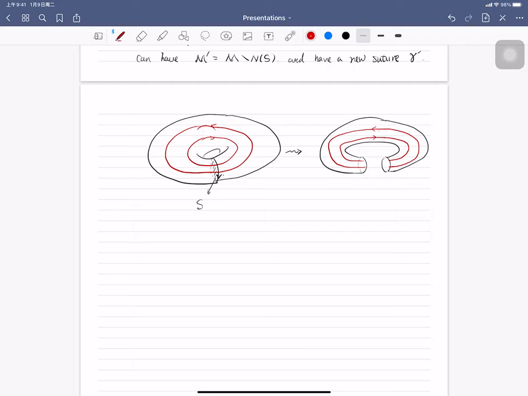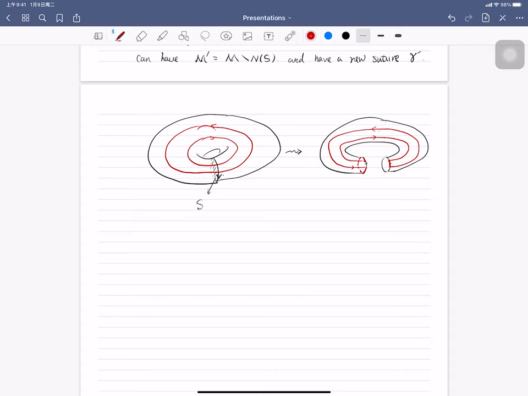So this is the original suture, but right now the sutures are cut into arcs. So we want closed curves to be suture. So we also have the orientation of the boundary of S, right? So at the end points of those arcs, we just go along the orientation to put part of the boundary of S into the suture.